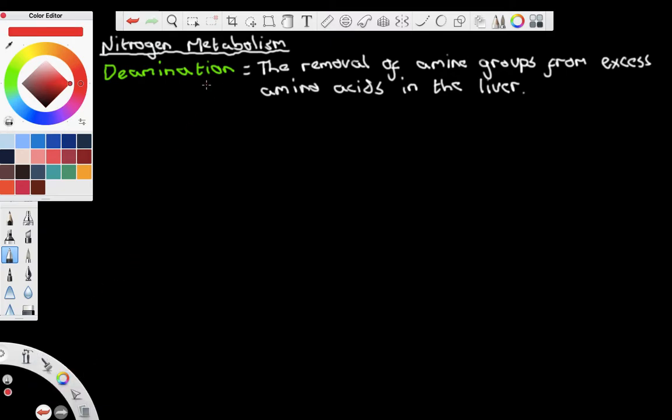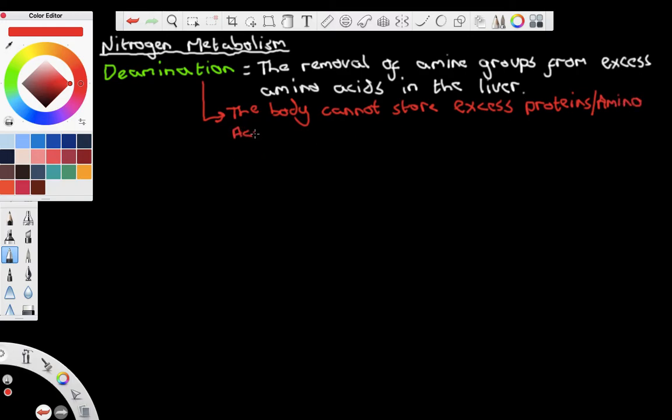So I'm going to put in red underneath here, because it's important, that the body cannot store excess proteins or amino acids, so they have to be broken down in deamination.